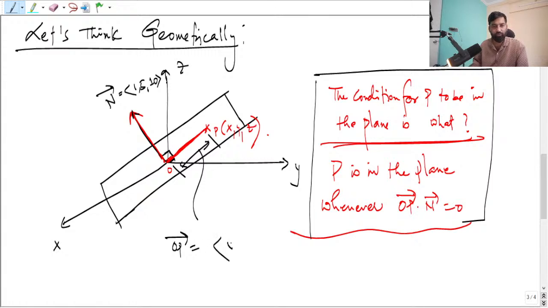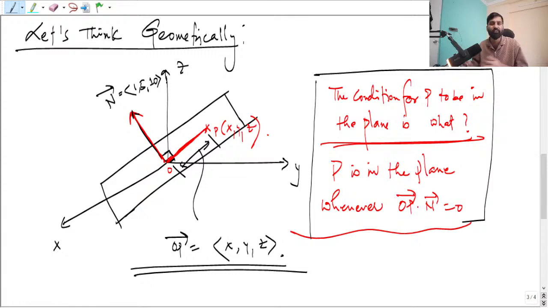So you will get x, y, z. Now it is a component because x minus 0. You know how to find the distance between 2 points. Can you notice something here? n has components 1, 5, 10, and that gives us the equation of our plane.